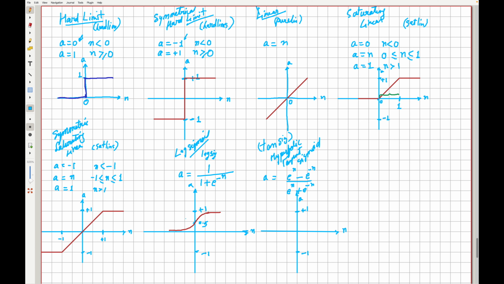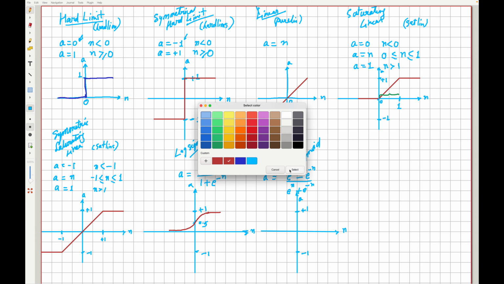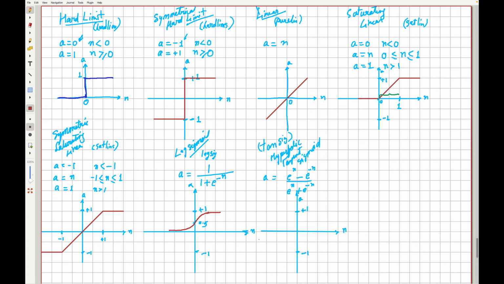In this case, a similar concept as we saw in the log-sig would be there, except that the values this time would be between -1 and +1.